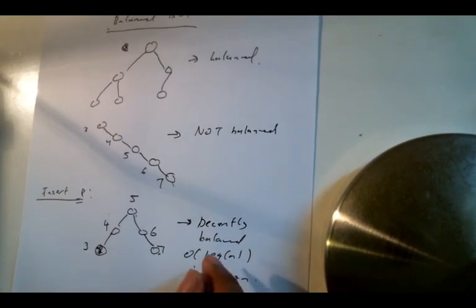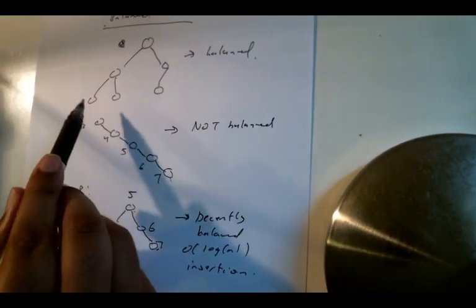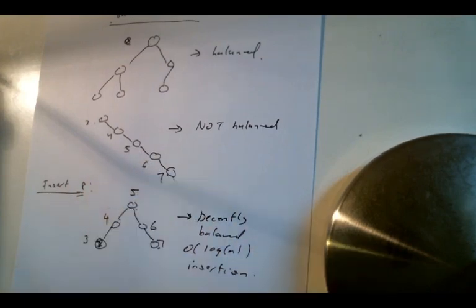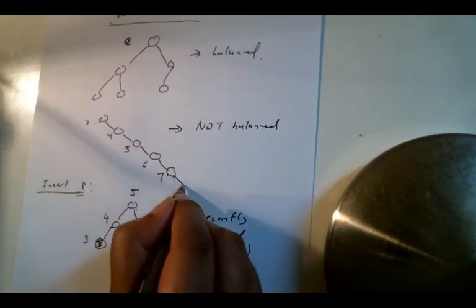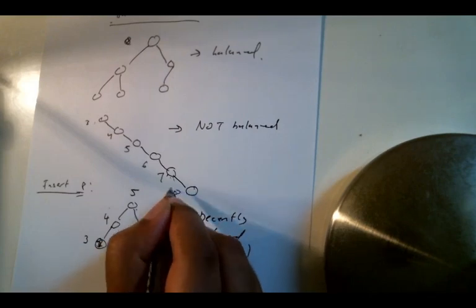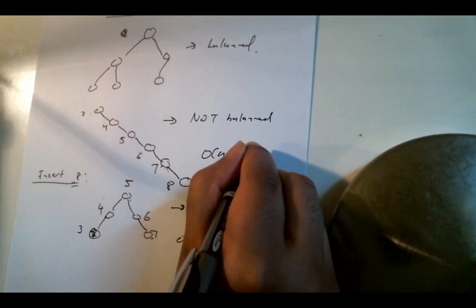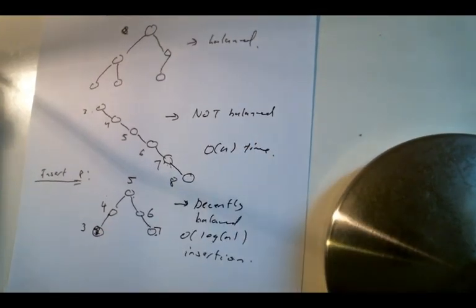Okay? But if the tree is totally skewed, I have to compare to 3, I have to compare to 4, to 5, to 6, to 7. Okay? And that takes, let's put another node here with 8, when I insert 8, that takes O of n time. So now you might observe something, right?